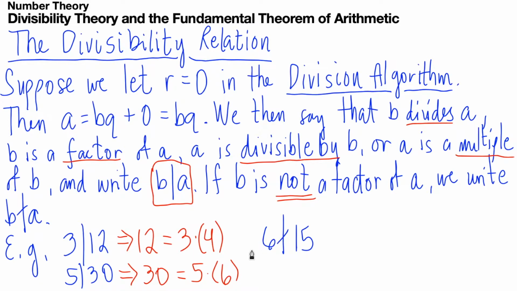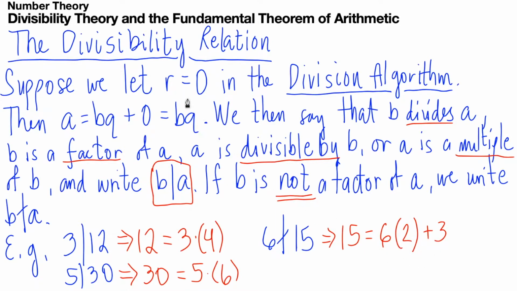But here we can see that 6 does not divide 15. Again, 6 does not divide 15, or 6 is not a factor of 15, because if we are going to use 6, 15 is equal to 6 times 2 plus a remainder of 3.